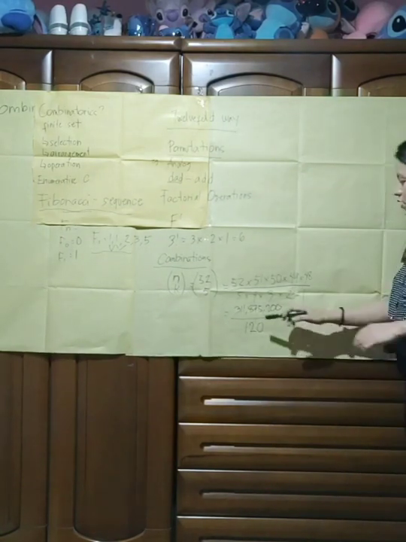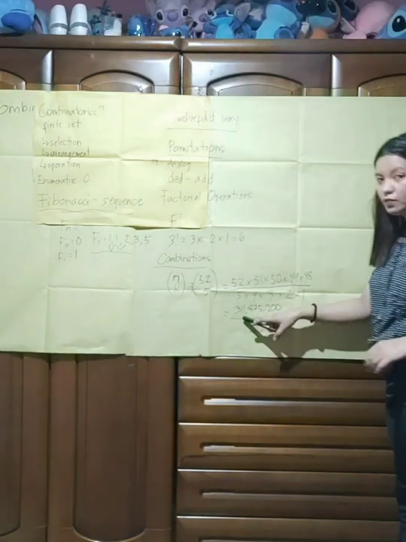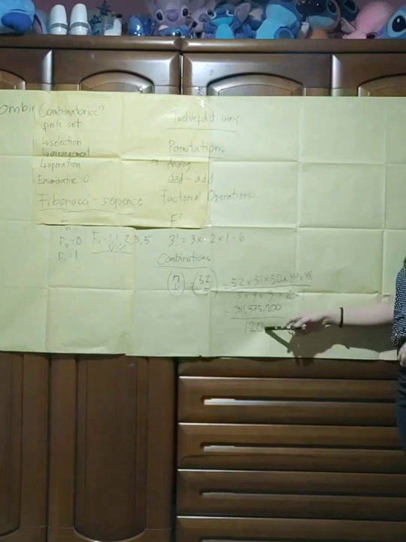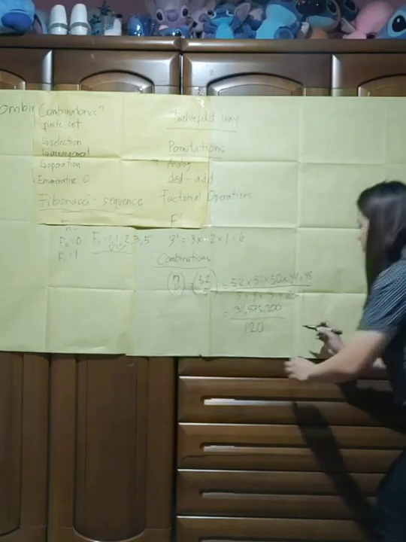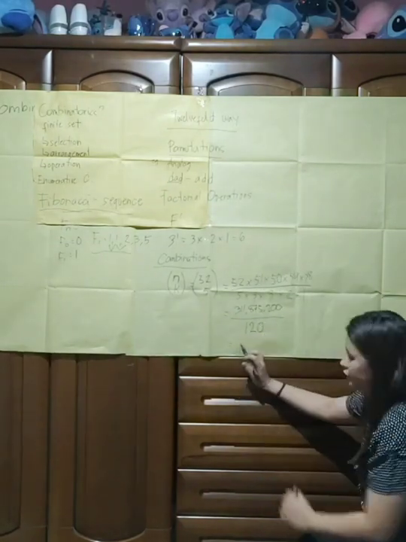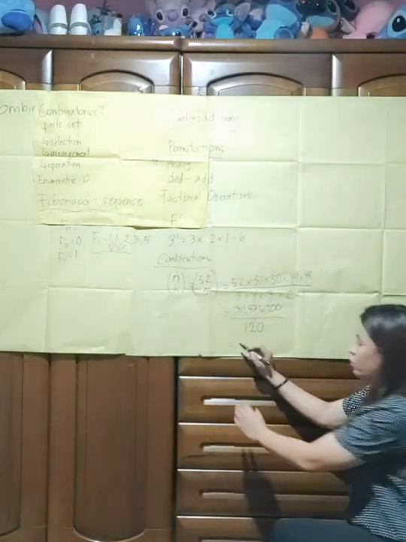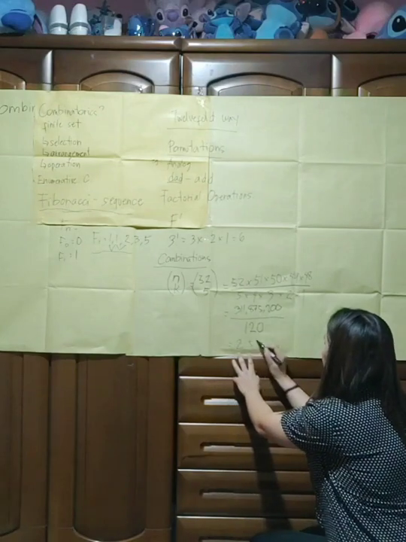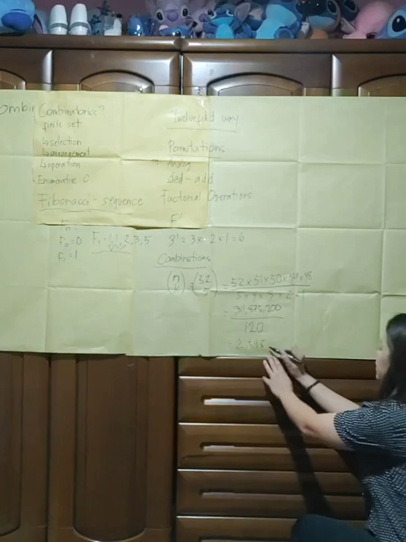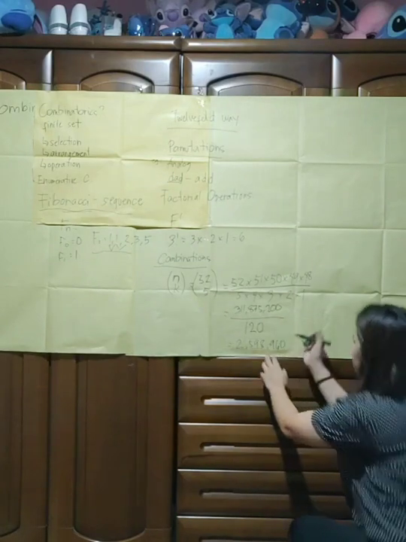So we divide 311,875,200 by 120, which equals 2,598,960.